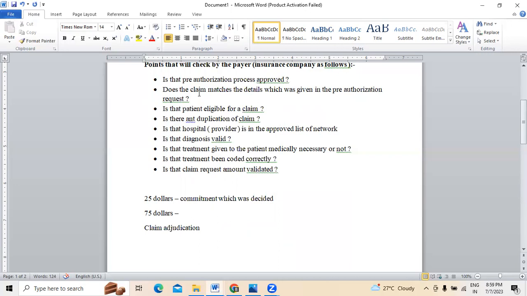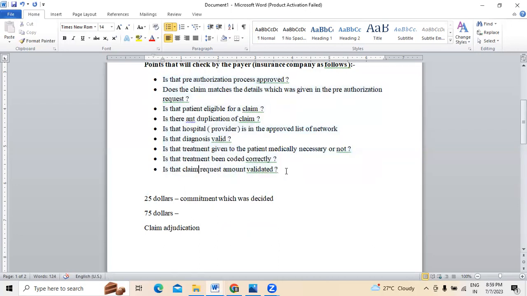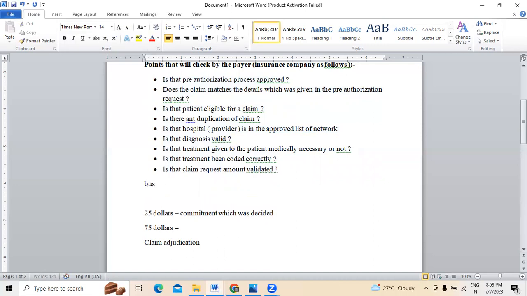Yeah, I did. Right. Normally all these points are considered business rules. Whatever points I mentioned are the business rules of the particular payer. Based on these business rules, the Facets application is customized. When a claim submission form is received by the Facets application, all these points are automatically verified.